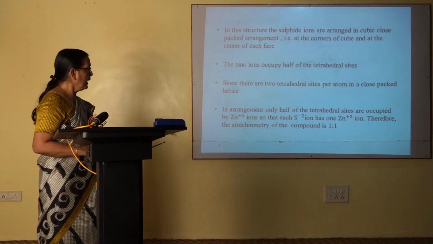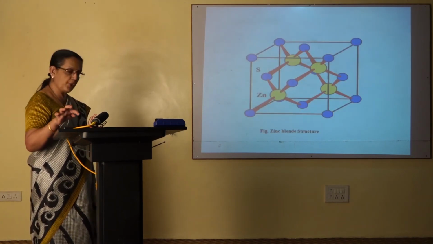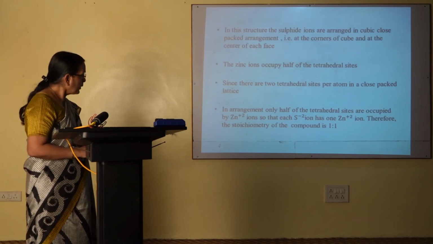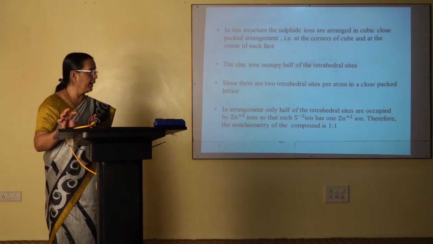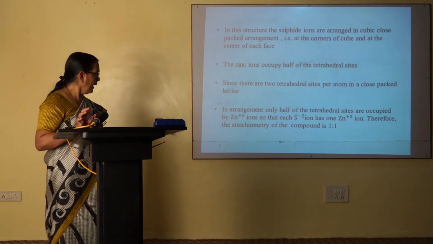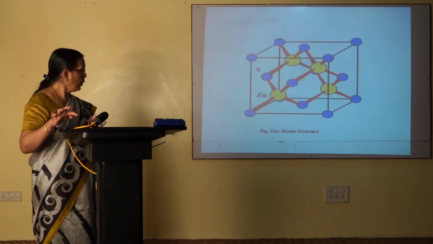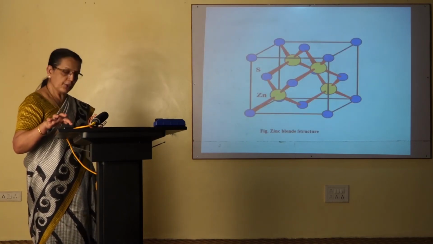In this arrangement, only half of the tetrahedral sites are occupied by zinc ions, so that each sulphide ion has one zinc ion. Therefore, the stoichiometry of the compound is 1:1. See the zinc blende structure.